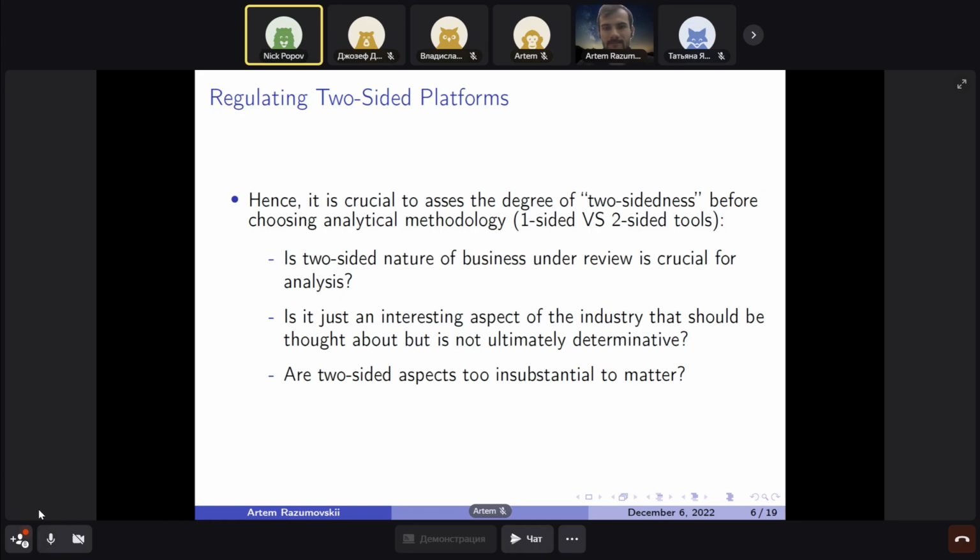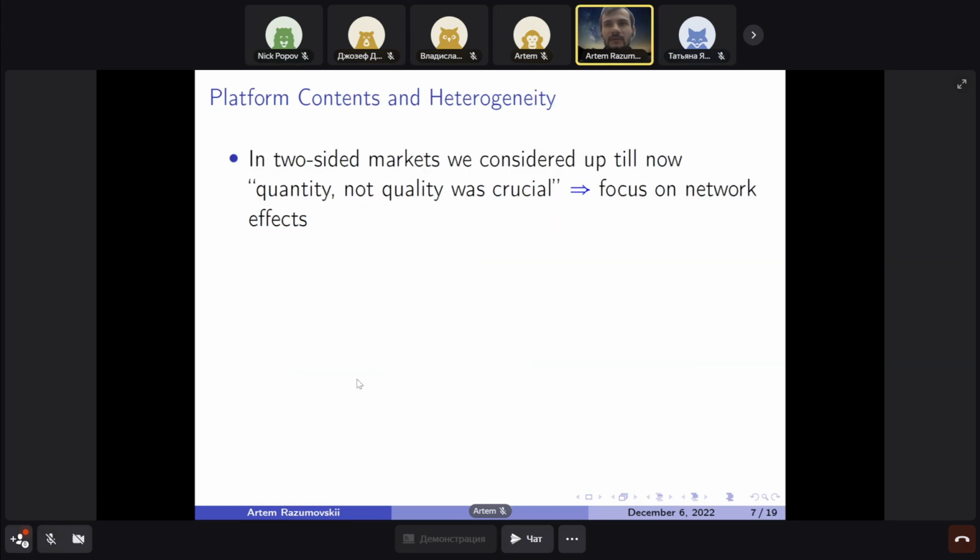No. Okay, great. Then we will move to a bit different topic. I think it's the last main topic in our course. It's about two-sided markets with different heterogeneity.